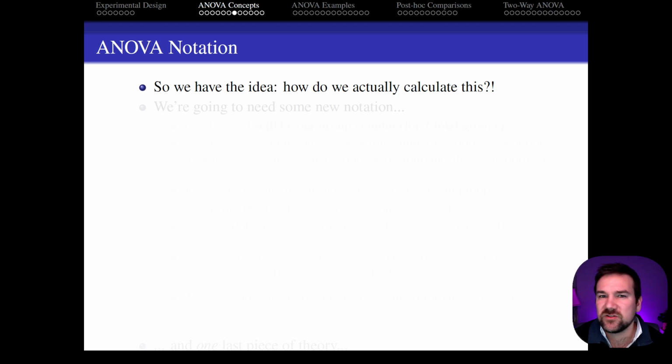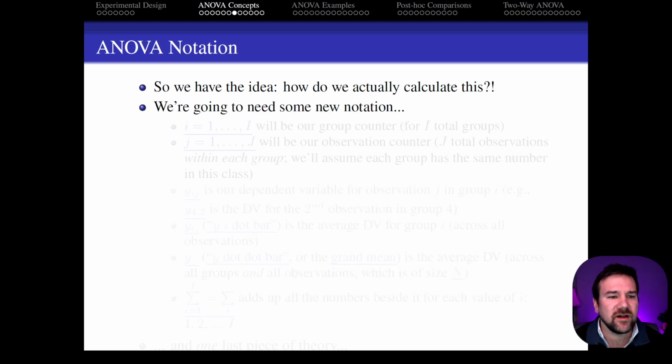How do we actually do the math or write the equations to represent that visual concept? Well, this is going to require some new notation, and I'll be honest, there's a fair amount of it. This is probably the most notation heavy that we're going to be in this course, is this chapter. So bear with me.